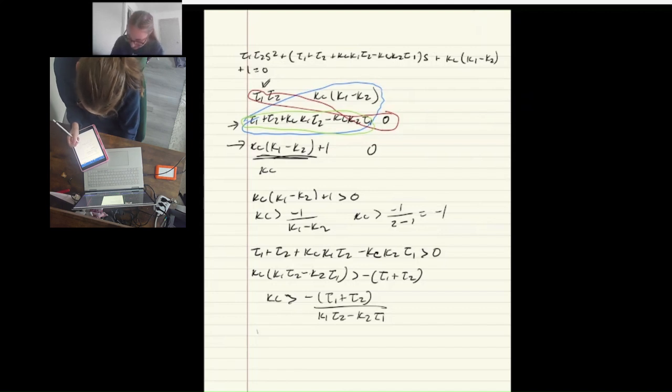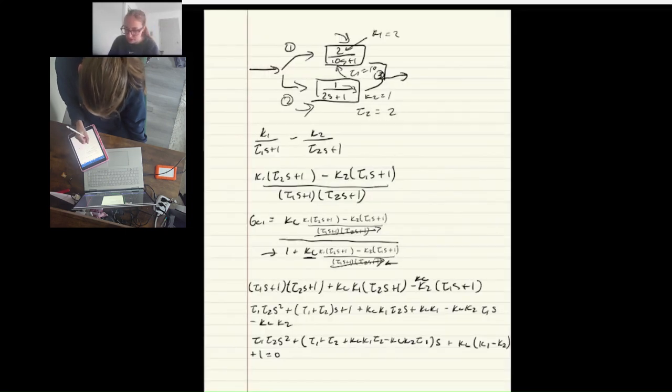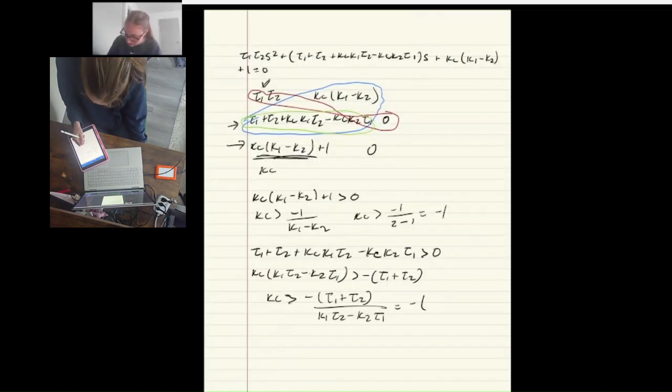So now let's look at our Kc down here. I'll just plug it in. We have negative, and then our tau 1 is 10, our tau 2 is 2, 10 plus 2, and then we have our K1, which is 2, our tau 2 is 2, minus our K2, which is 1, times 10.